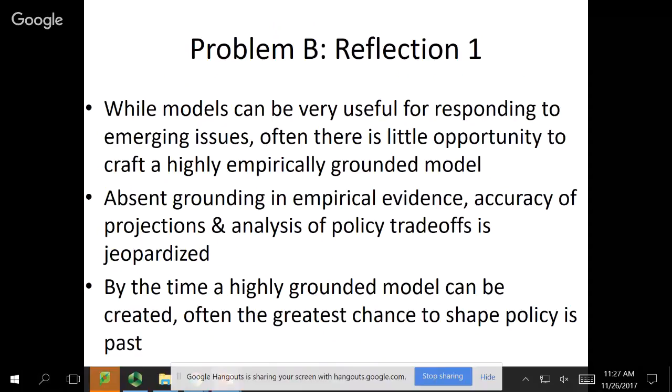Think Legionnaires' disease, or think H1N1 influenza. These are emerging outbreaks. Even Ebola in its recent manifestations. And often for these types of situations, there's little empirical data to go with at first, or there's little knowledge of the underlying pathogen, and little opportunity to craft a really highly grounded empirical model.